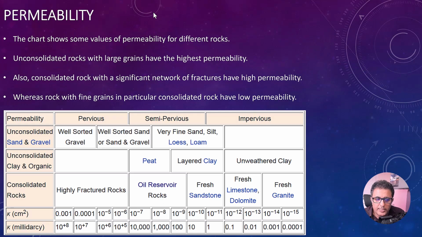What you see in this table shows the permeability with respect to the grain size, the state of consolidation, and fractures. For example, for gravel that is composed of larger grains, if the rock in particular is unconsolidated, the rock has very, very high permeability, about 10 to the power of 8 millidarcy.